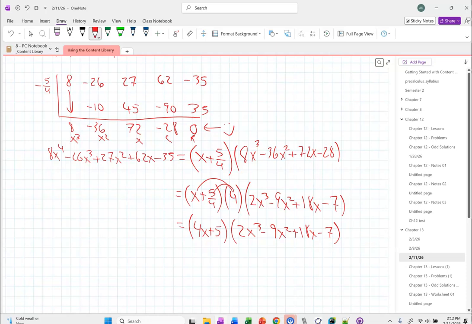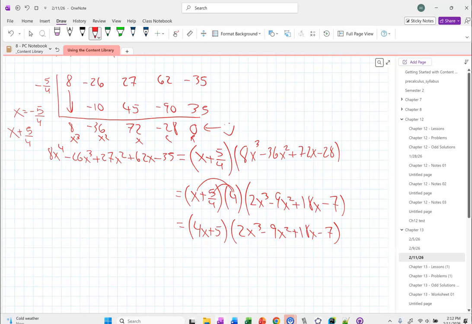But why would it be x plus 5/4? Because this is like x equals negative 5/4. So the factor becomes x plus 5/4. Is that it? Yeah. Okay. Is everybody good so far? Yes. All right.